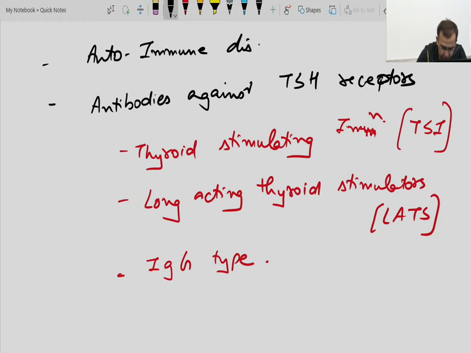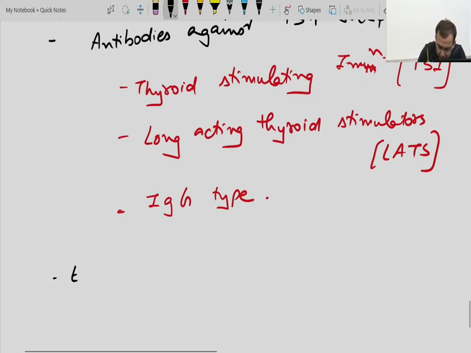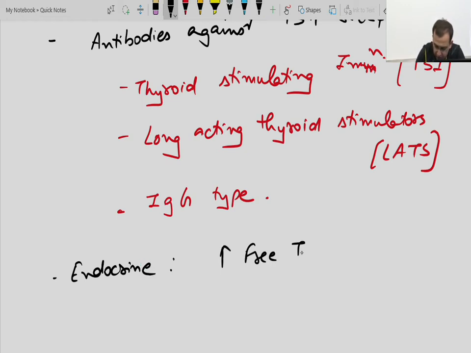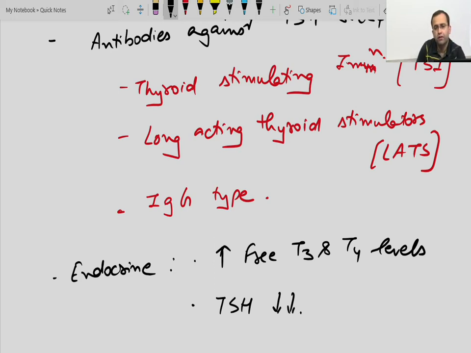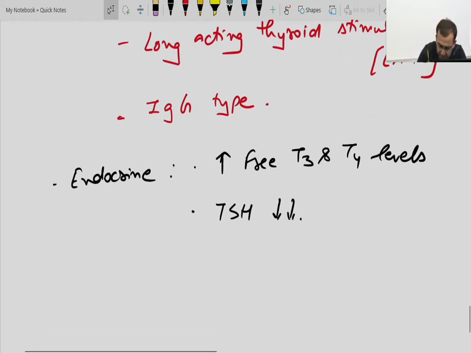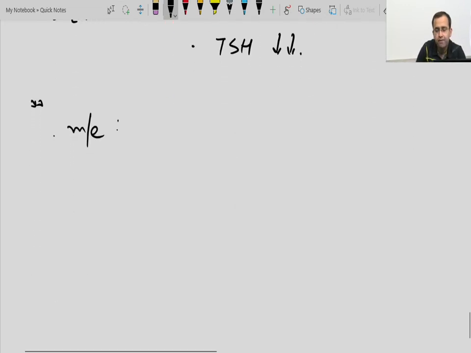Next point, hormonally, that is endocrine. Hormonally, they are associated with increased free T3 and T4 levels. This is thyrotoxicosis, so obviously T3 and T4 are elevated. But the point to be noted here is that increased T3 and T4 gives a negative feedback to TSH, so TSH is reduced. Last point, microscopy. Extremely important, please put a double star on this.